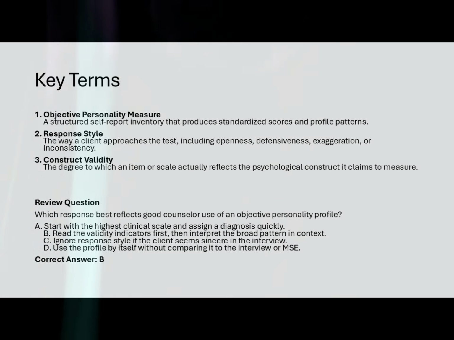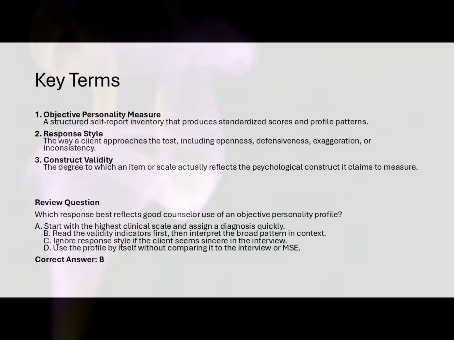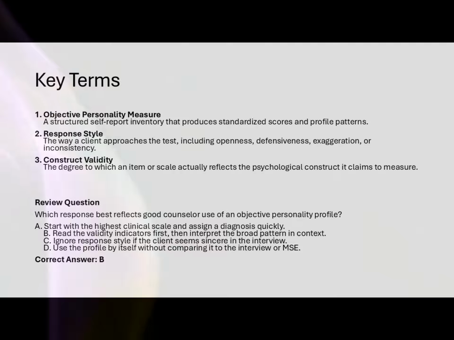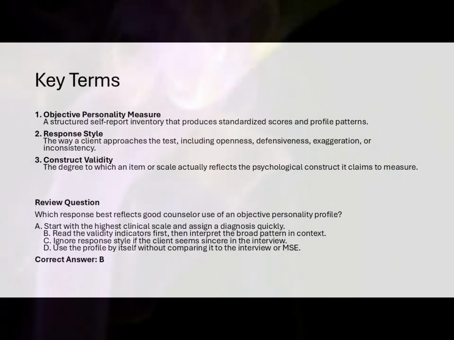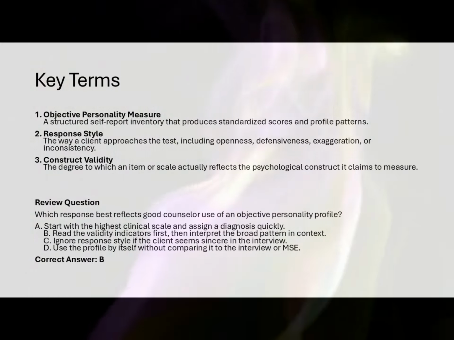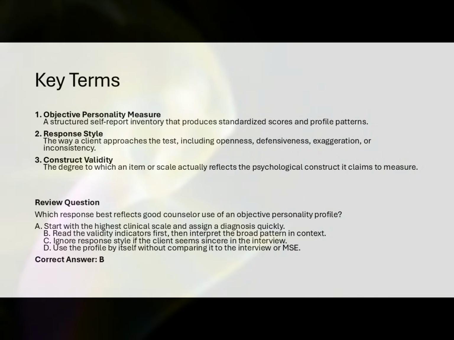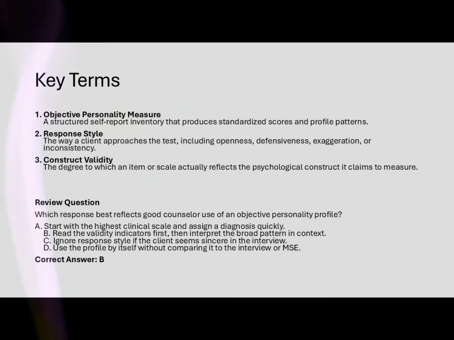It's a structured self-report instrument in which the client answers standardized items, and the responses are converted into scores and profile patterns using fixed scoring rules. So you need to follow the standardized scoring and the structured scaling, and then from there you make your broader clinical use.